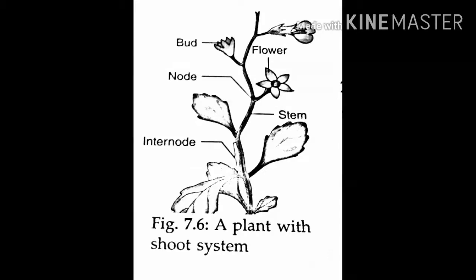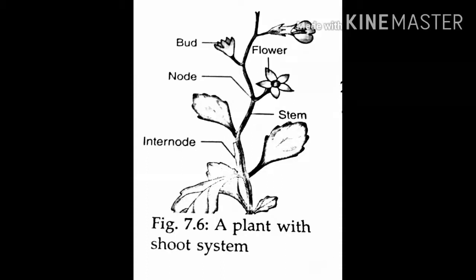Do you know what a node is? Yes. The point from where a leaf grows is called the node. Next, internode.